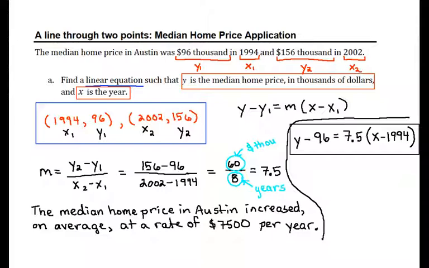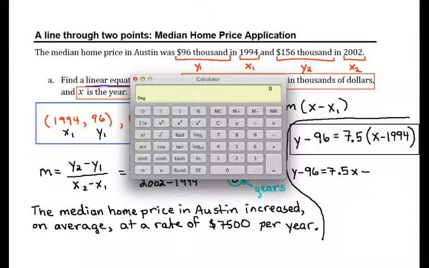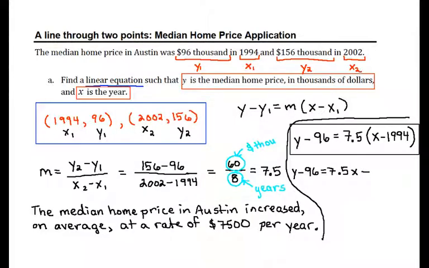If we wanted a slope-intercept equation, then we would have to multiply everything out. Then we would have to go a little further and say y minus 96 equals 7.5x minus what we get when we multiply 7.5 times 1994, which looks like 14,955.